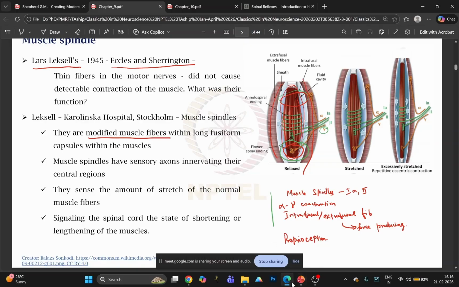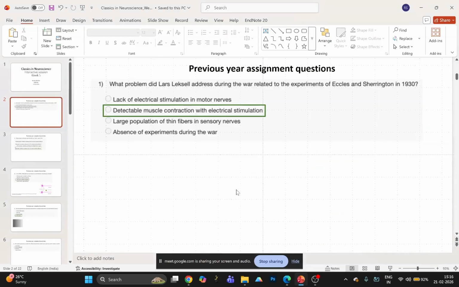Coming back to the question, the previous year assignment question: what was the problem that Leksell addressed? The problem was that there was a lack of detectable muscle contraction with electrical stimulation. I hope this answer is clear to everyone. The first option is incorrect because there is electrical stimulation in the motor nerves; it is not a lack of electrical stimulation in the motor nerves.